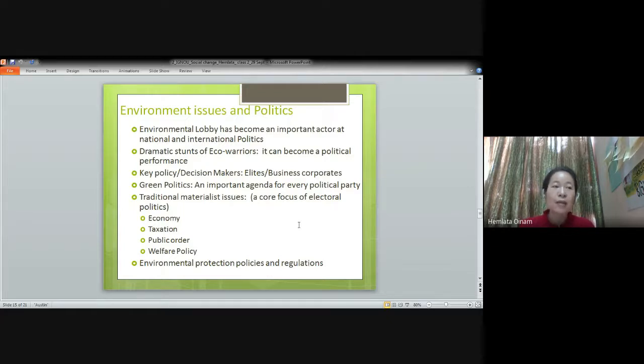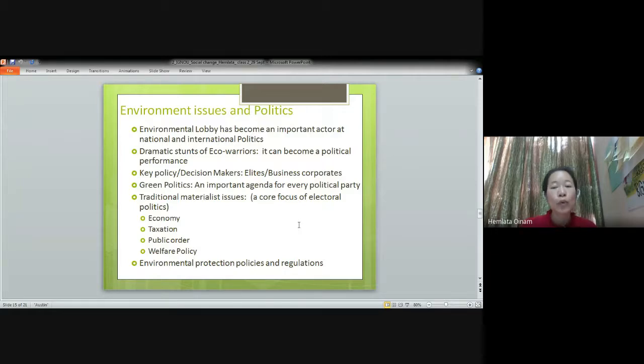Through that, they tried to develop a new mechanism to control it. Outside NGOs also came into the picture in order to counter the whole effort made by the government. So the environmental lobby has become an important actor in national and international politics.